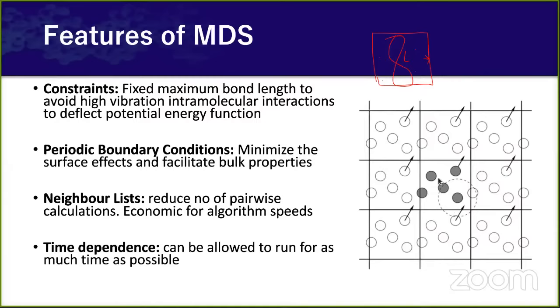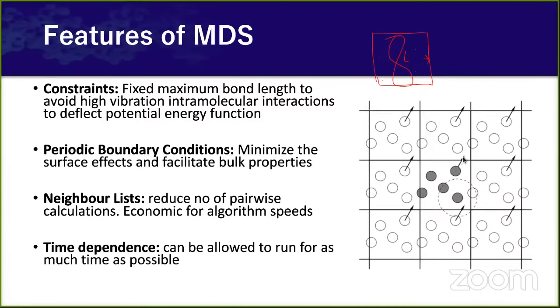In periodic boundary conditions, we create a copy of our main primary simulation box in all three dimensions, not just here, but in every XYZ direction; you can generate copies or images of the system. These images help us reduce the surface effects, and they also help us in bulk property calculation. Essentially, if an atom is going towards the wall of this box, it will not collide. It will simply move to the next image of the same box.